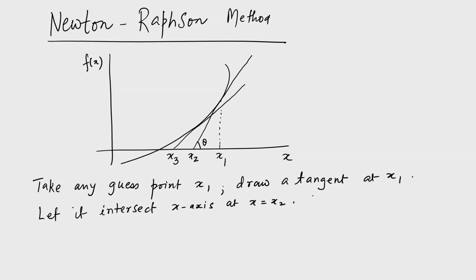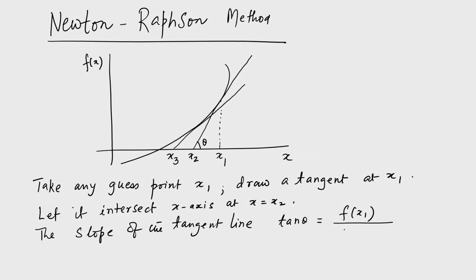Now, the slope of the tangent line, which is nothing but tan theta, is equal to f of x 1 divided by x 1 minus x 2.